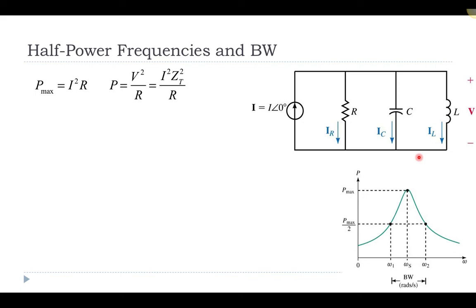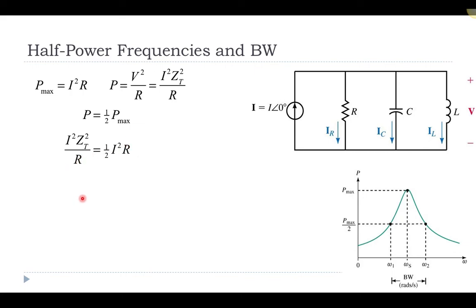The voltage would just be the current of the source times that total equivalent impedance. So the voltage squared is the current squared coming out of the source times the total impedance at a particular frequency, divided by the resistance. We're interested in when this power is half of the maximum power.